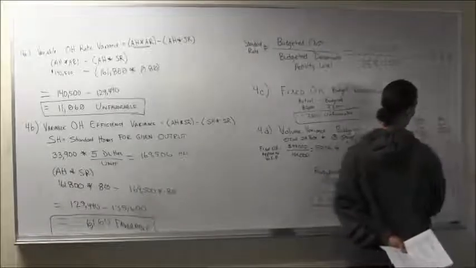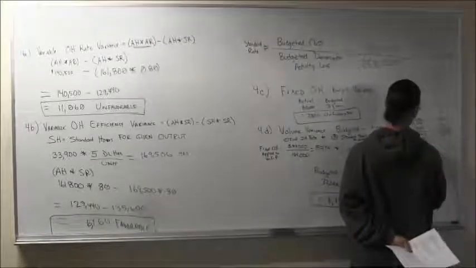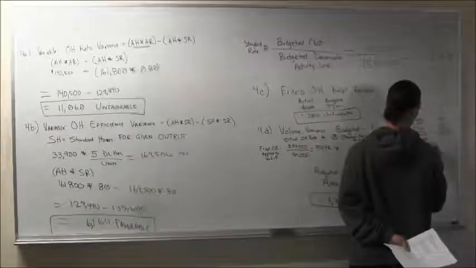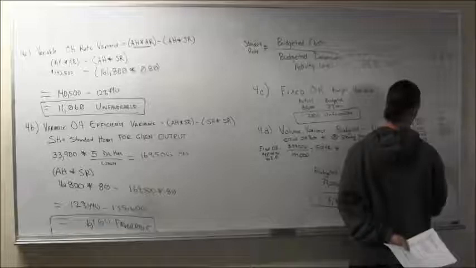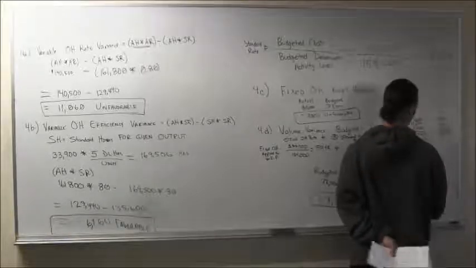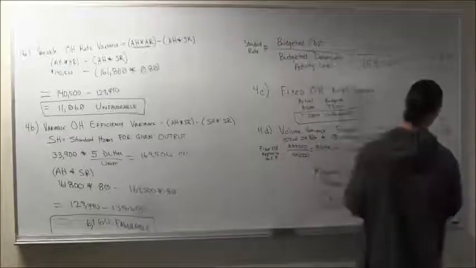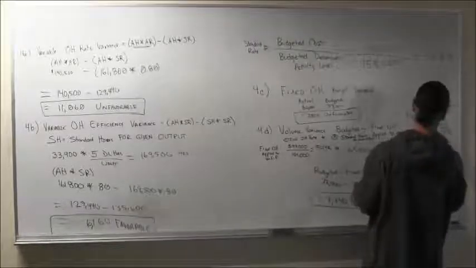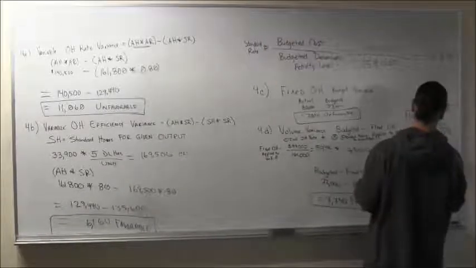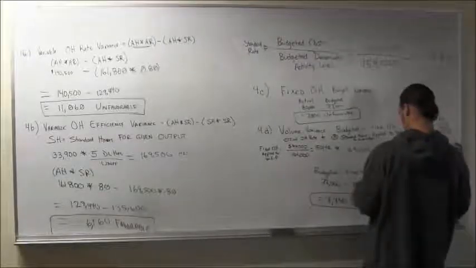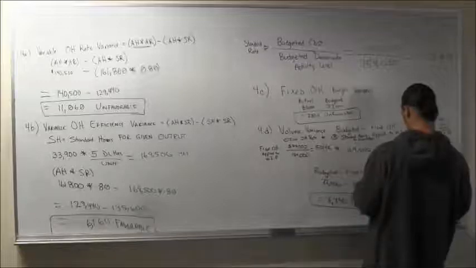Unfavorable is greater, so minus 13,150. This is 150 unfavorable.